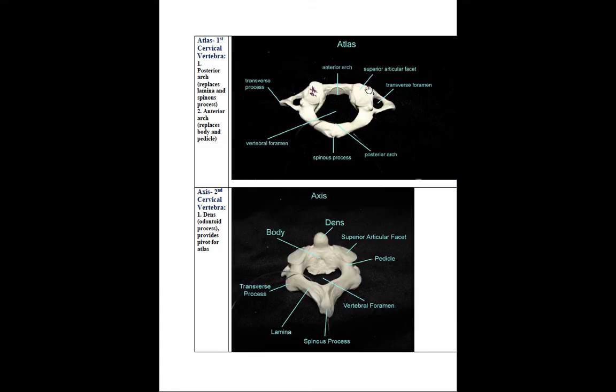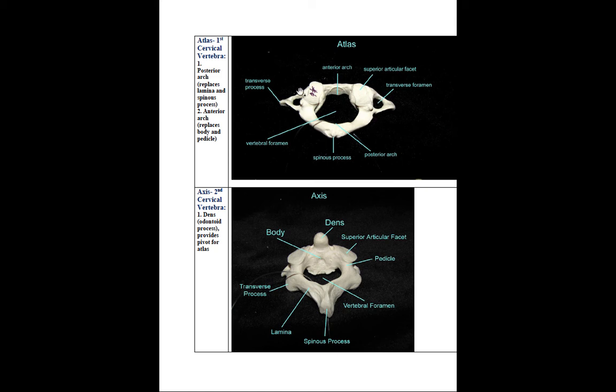Again, we have the atlas and the axis. The atlas is the first cervical vertebra, and it is very different than C2 through C6 in that it has this anterior arch and this posterior arch. The anterior arch is going to replace the body and the pedicle. So that's why we have the anterior arch here, and then we have the posterior arch here.